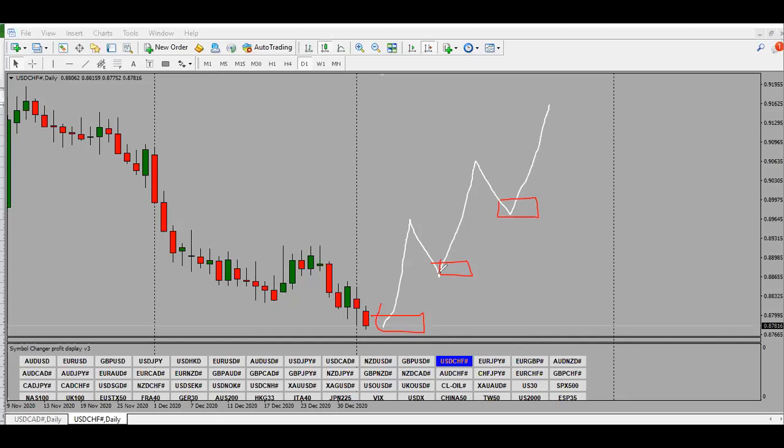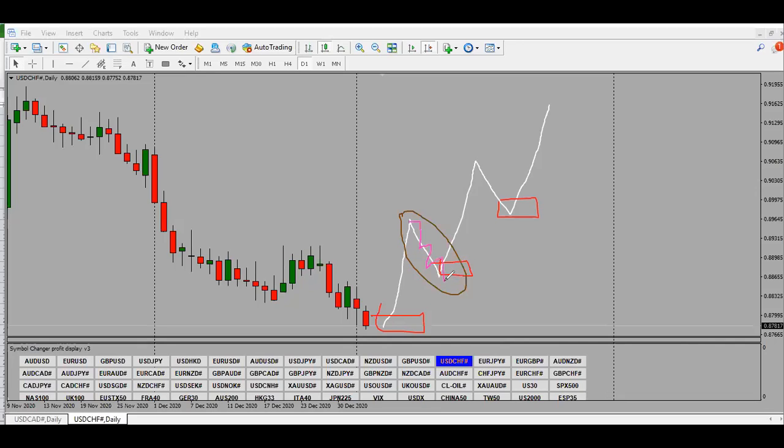You have other blocks responsible for the push to the upside. Now, in the lower time frame, this correction will look something like this, right?